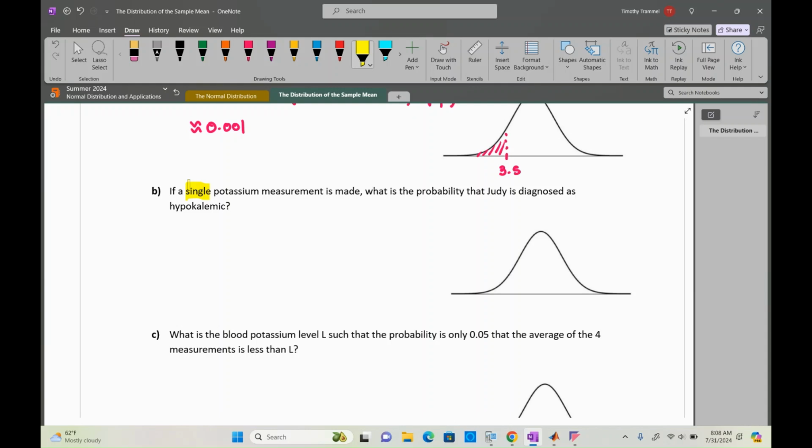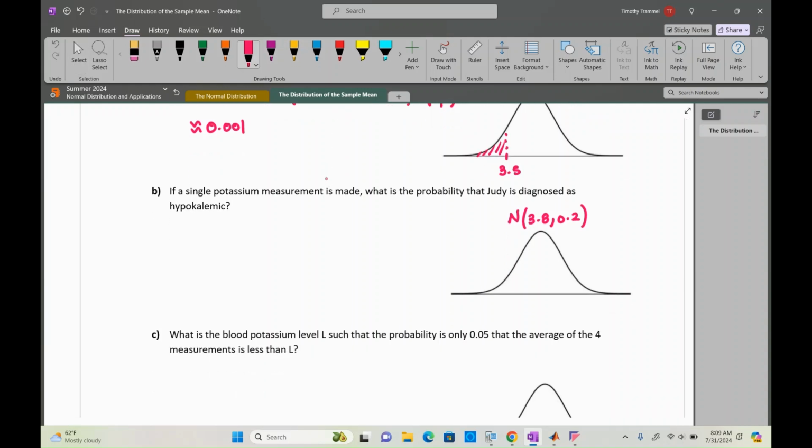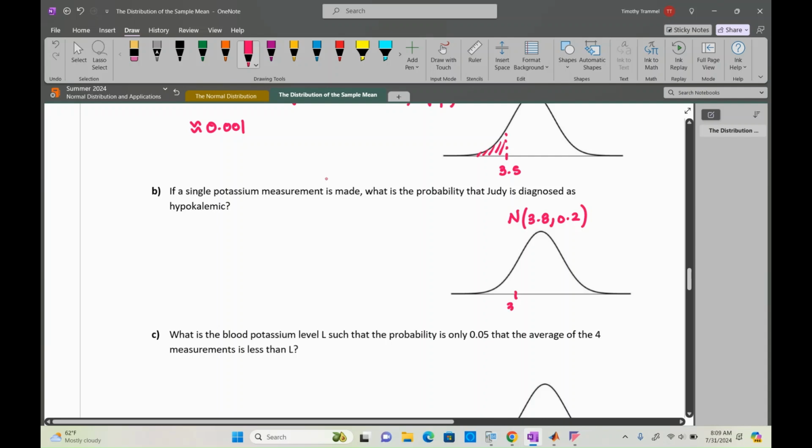The population describes how individual observations are distributed. So when I go to write in which normal distribution I'm working with, it will have the same mean because the population and the sampling distribution have the same mean. But I'm working with the population, so I'll just leave that standard deviation as 0.2 there. And then again, I'll shade in very roughly where I think 3.5 would be.